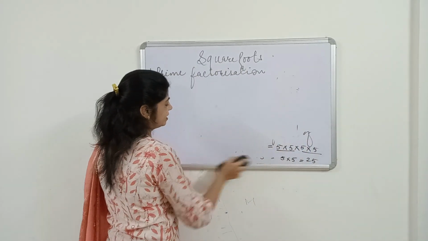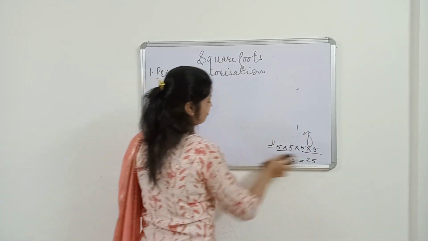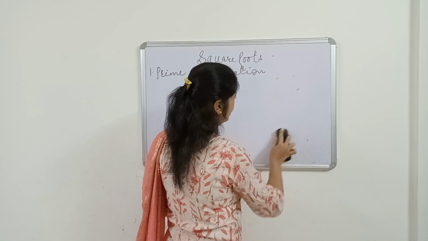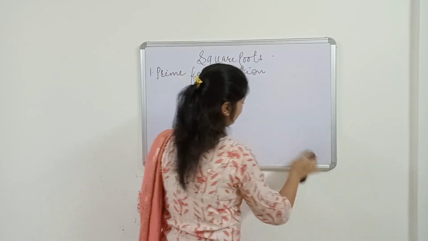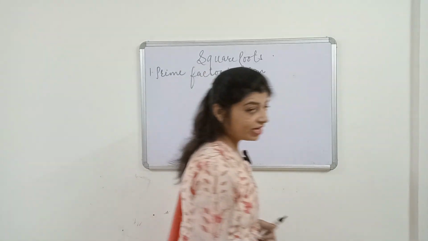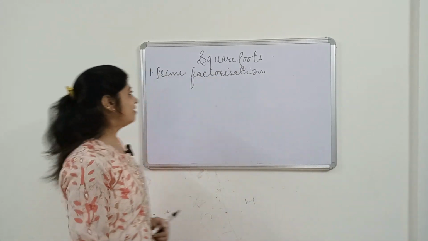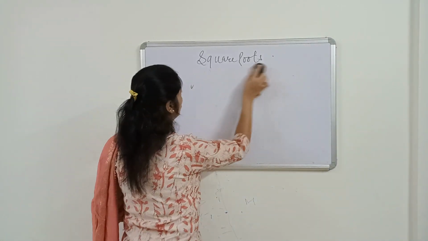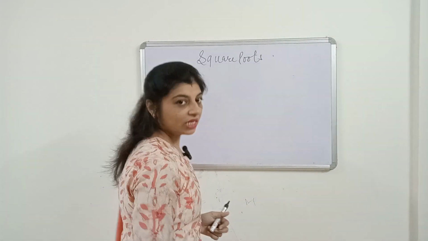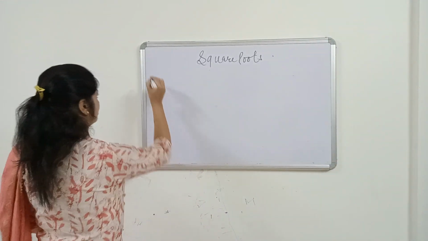If I want to find the square root of 1225, no doubt I can find it by prime factorization, but it will be a little lengthy. So what I'll do is I'll use the long division method.